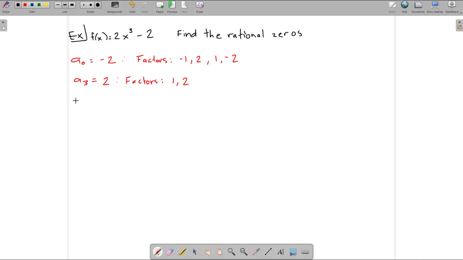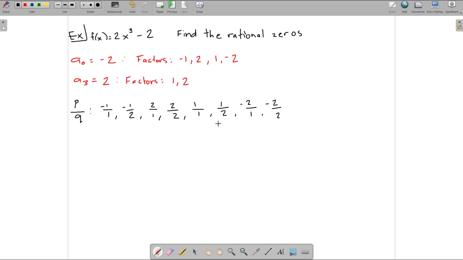Okay, so then if I'm listing my p over q's, I can have negative 1 over 1, negative 1 over 2, 2 over 1, 2 over 2, and then 1 over 1, 1 over 2, negative 2 over 1, negative 2 over 2. And we might even get more repeats.